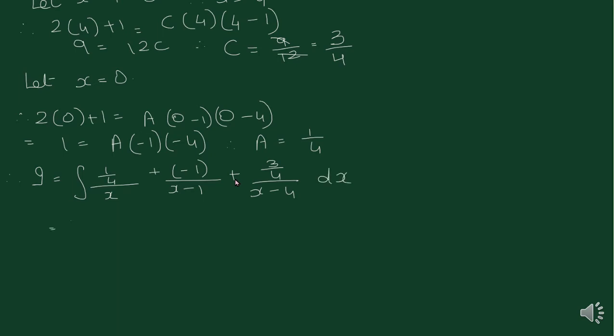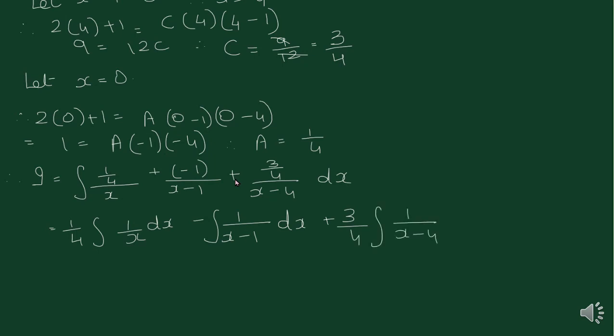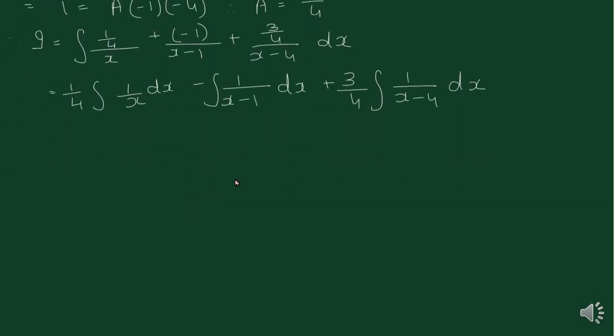Just like the previous sum, we separate out the integrals. So we get 1 upon 4 integral of 1 upon x dx minus the integral of 1 upon x minus 1 dx plus 3 upon 4 the integral of 1 upon x minus 4 dx. In each case, we are going to get log as the answer.